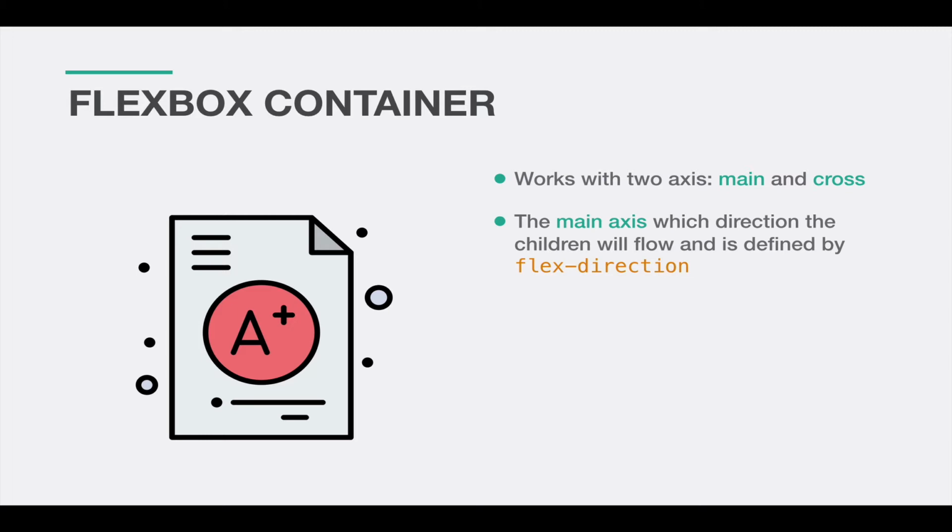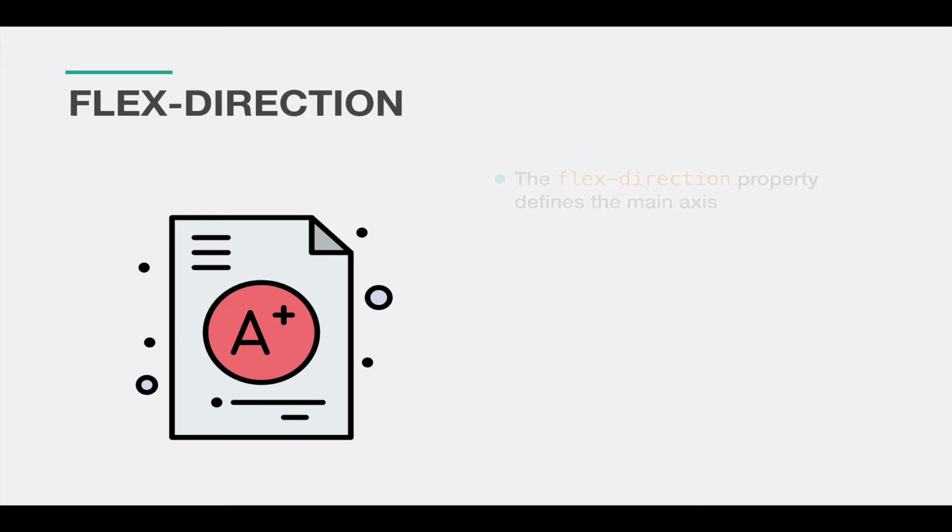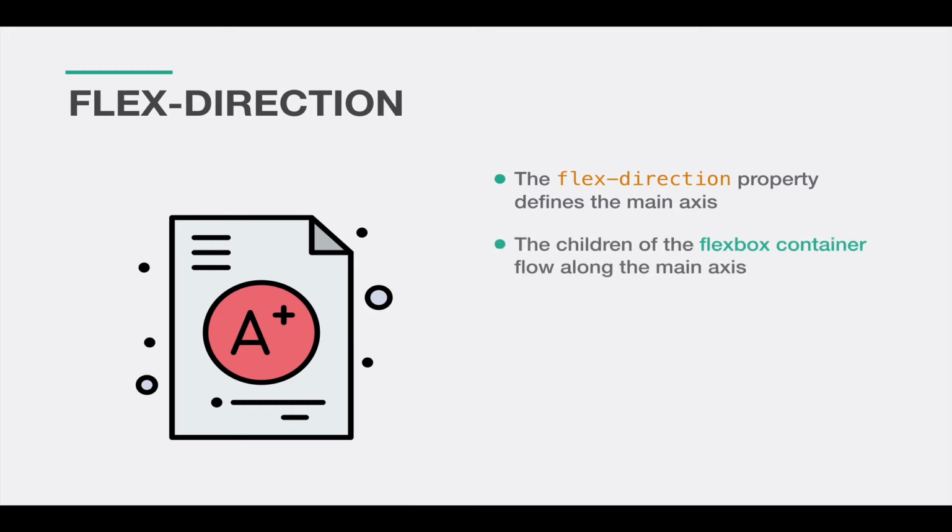Just note, in a two-dimensional space, we have two axes. We have the x-axis, which runs horizontal, and we have the y-axis. Either one is the main axis. Flex direction tells us which one it is. The cross axis is always perpendicular to the main axis, so we set our main axis, and then the cross axis is the other one. So the flex direction property allows us to set the main axis.